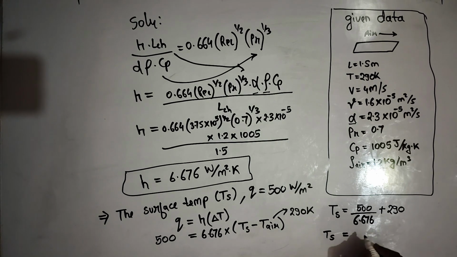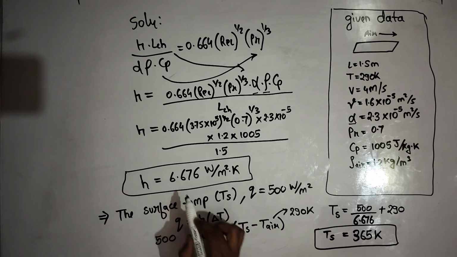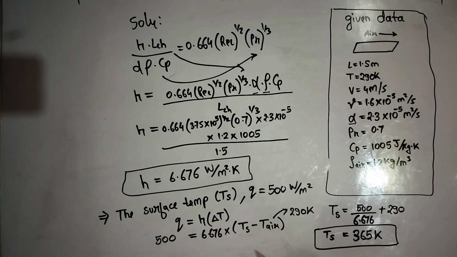From this we get the value of Ts as 365 Kelvin. So this is the solution for part B, and we have solved this problem. From the first part we get the heat transfer coefficient as 6.676 watt per meter square Kelvin, and from the second part we get the surface temperature as 365 Kelvin.